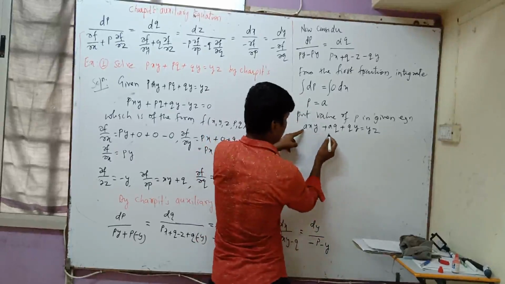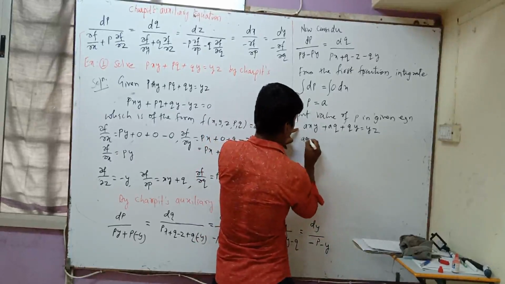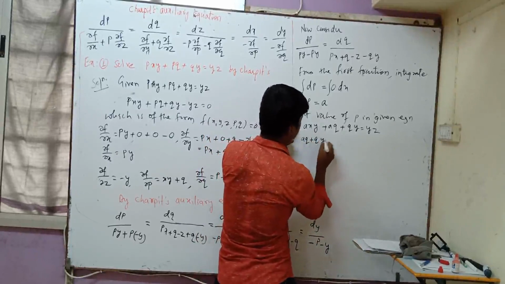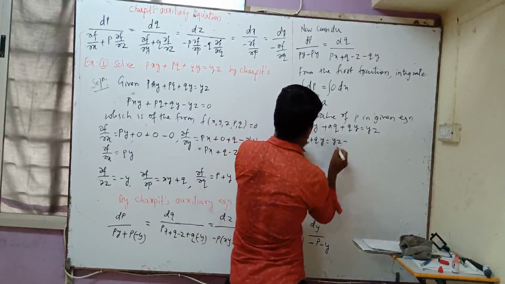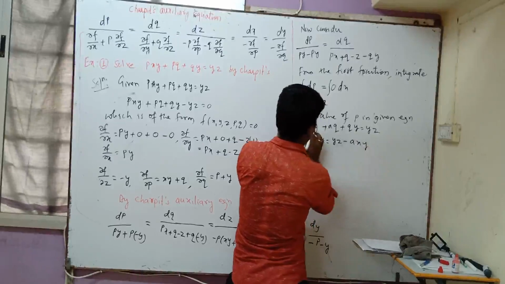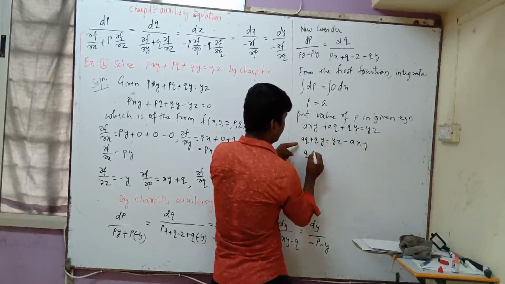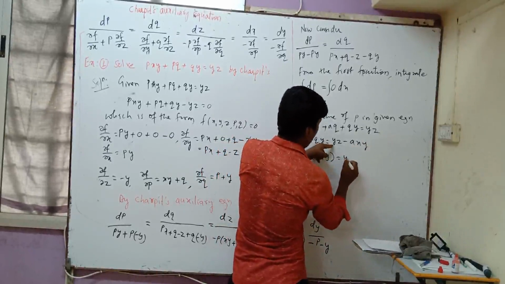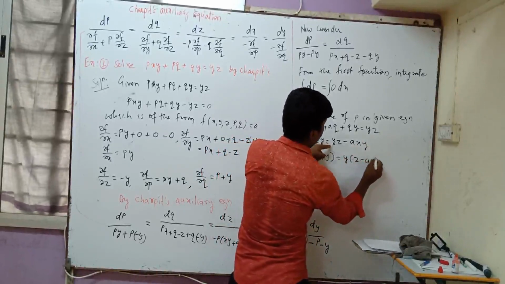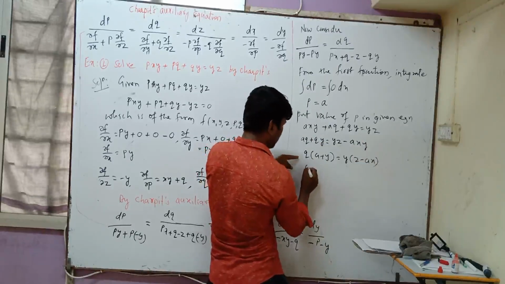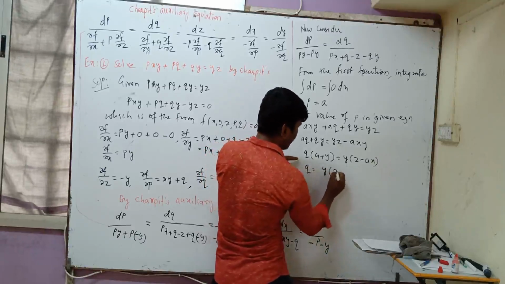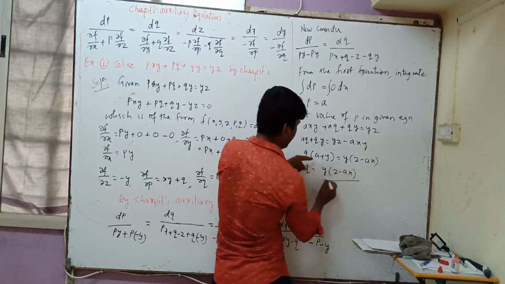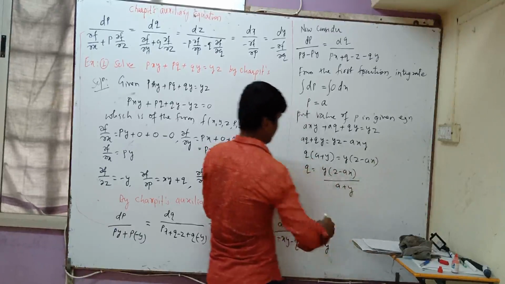So aq + qy = yz - axy. Here q is common: q(a + y) = y(z - ax). So q = y(z - ax)/(a + y).